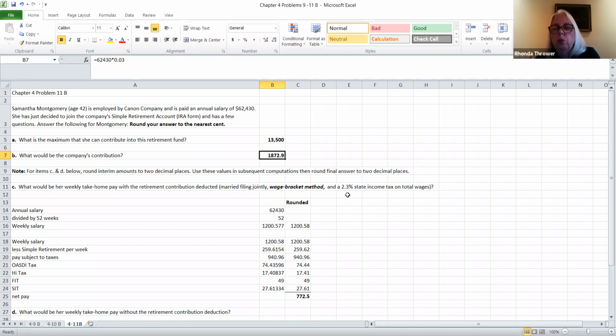And there's a 2.3% state income tax. So first of all, what we're trying to do here is determine her weekly take-home pay with the retirement contribution deducted.